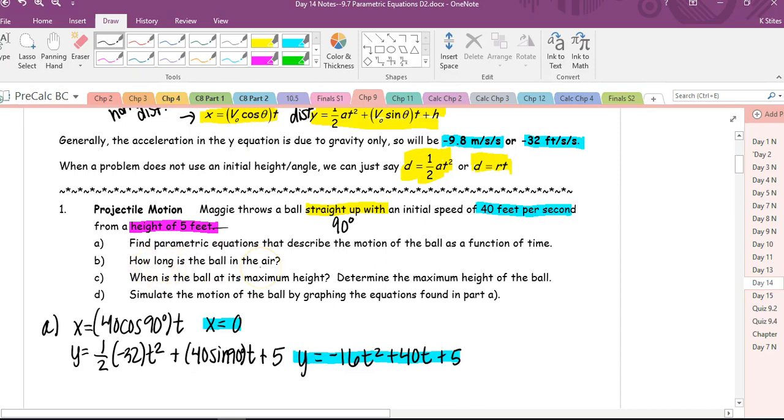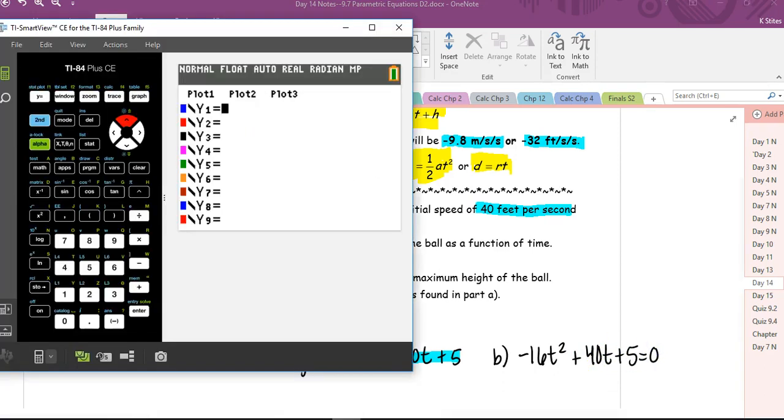Part B, how long is the ball in the air? Well, the ball is in the air until it hits the ground. And when it hits the ground, your vertical distance, or your y value, would have to be 0. So in order to figure out how long the ball is in the air, we're just going to set our negative 16t squared plus 40t plus 5 equal to 0, and graph that with function mode.